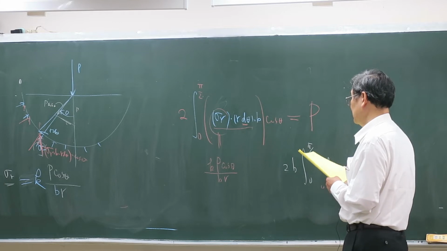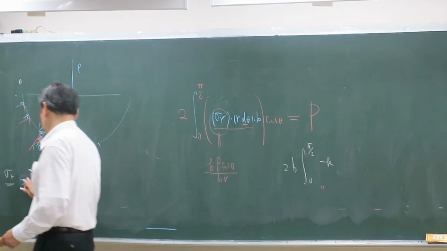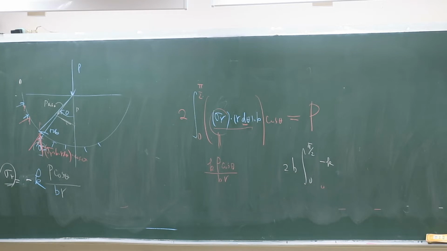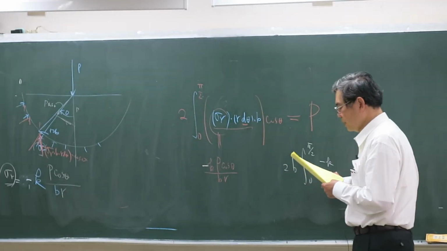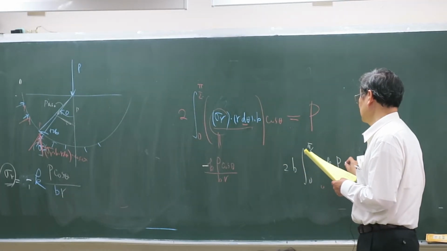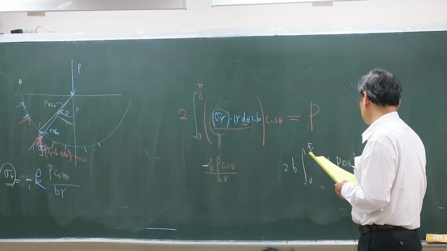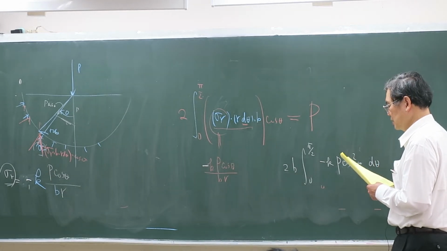Minus K, I will put minus because this is compression. The sigma R will be compression. So put minus K, cosine squared theta d theta.